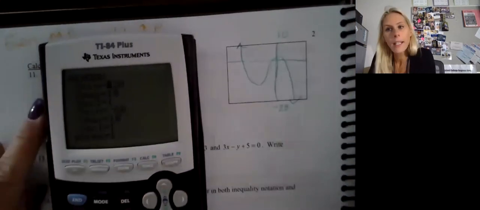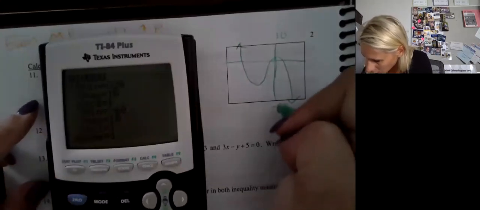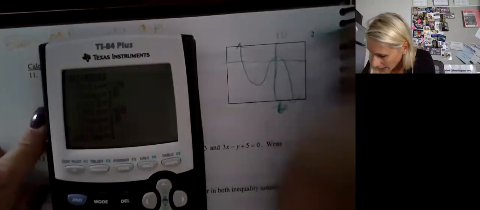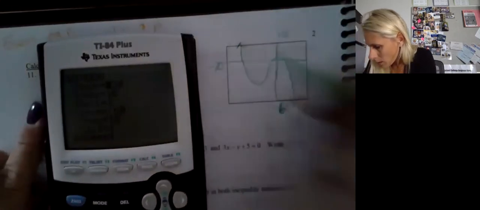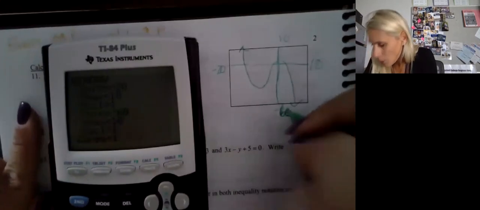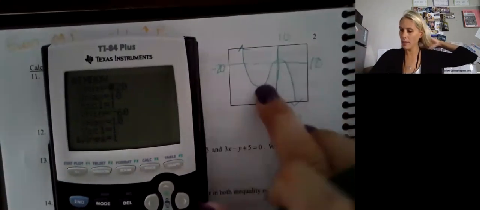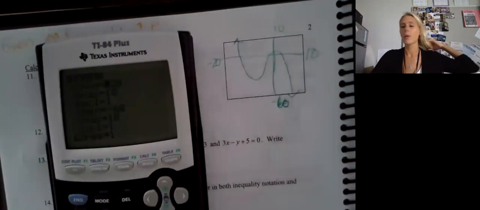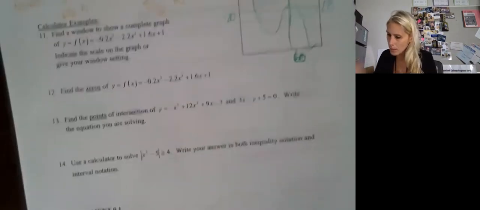Oh, I did that on the y's. So y's would be -60 to 10, sorry guys, and then x is -20 to 10. You need to have all the major things in it. If we forgot the min right there, we would not have the complete graph, okay? All right.